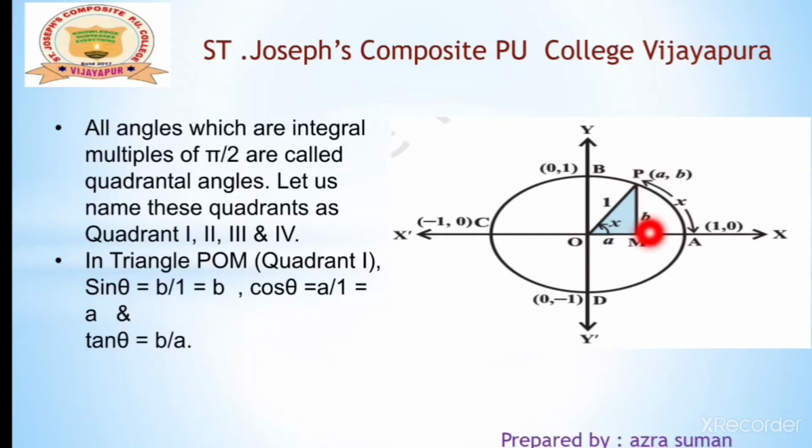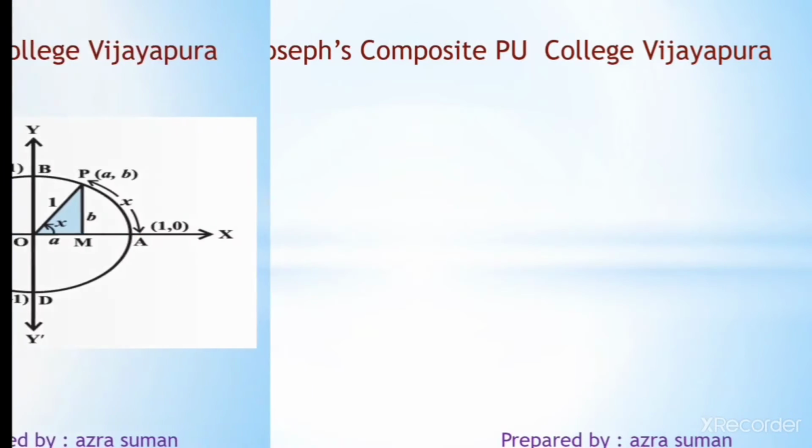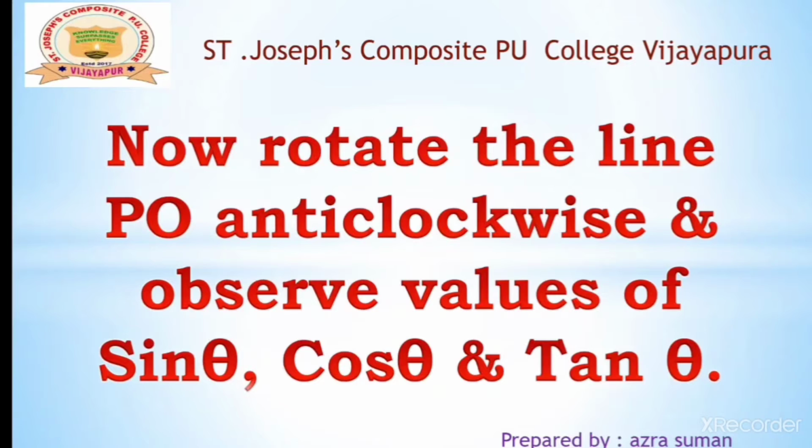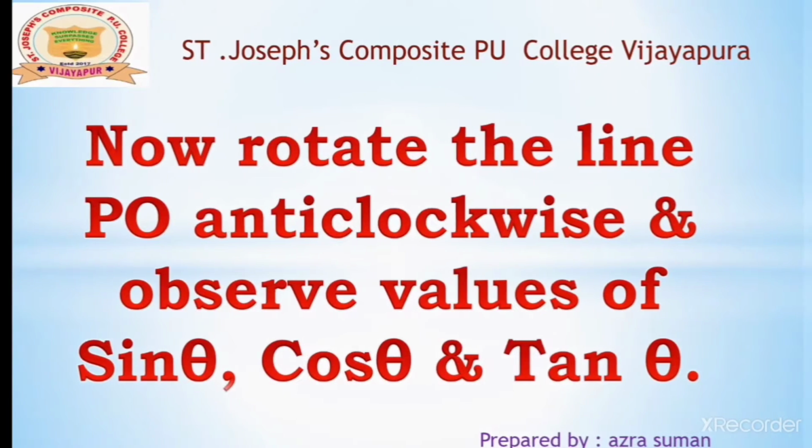Here opposite is B and adjacent side is A, so tan theta equals B by A. Now rotate the line PO anti-clockwise and observe the values of sin theta, cos theta and tan theta.